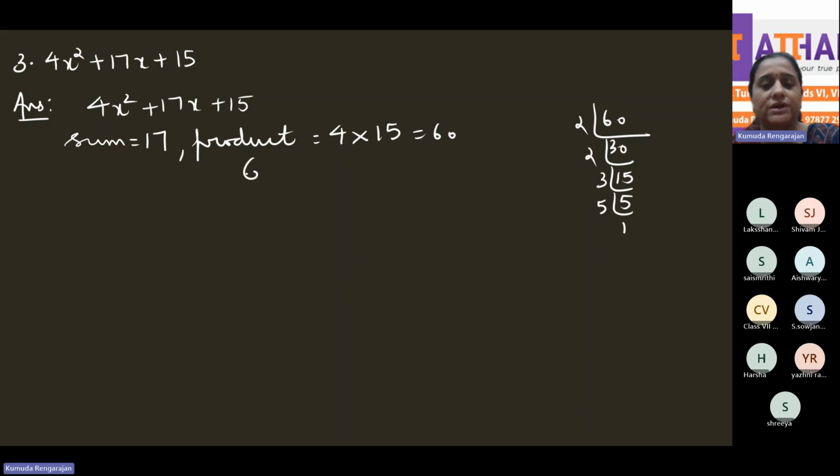Yeah, so 60 can be written as 2 into 2 into 3 into 5. Make two numbers so that the sum is 17.